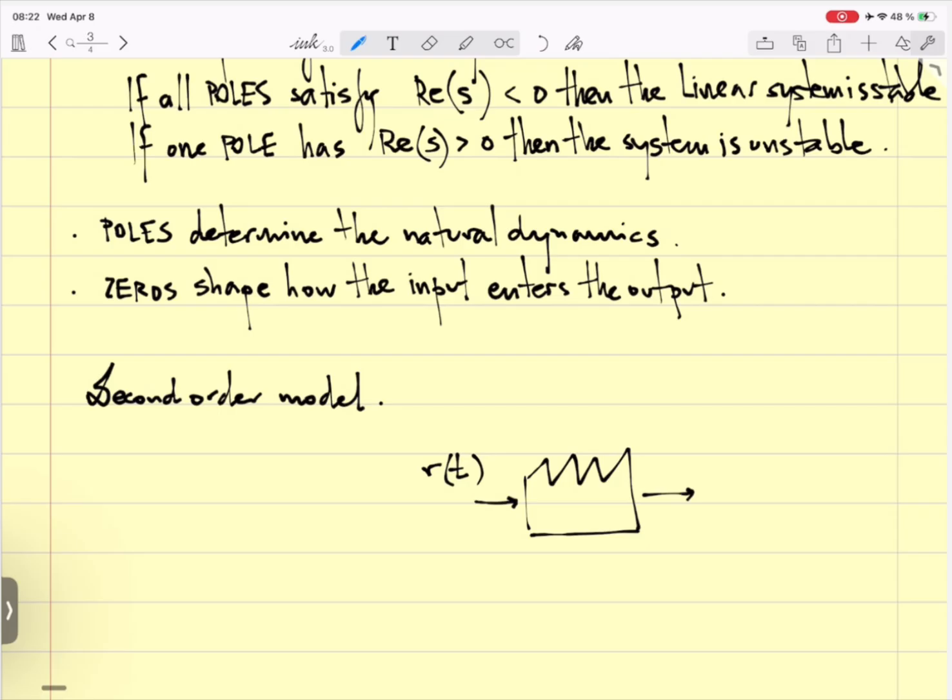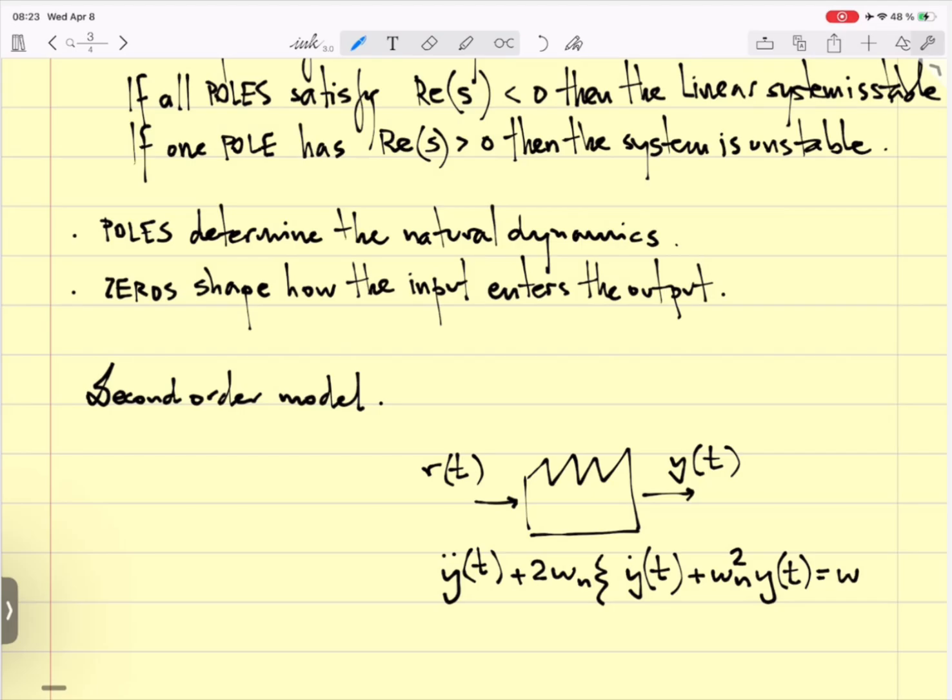It gets an output, and the system behaves in a second order manner, which would be something like the second derivative of the output plus 2 times omega sub n xi times the first derivative of the output plus omega sub n square times the output equals omega sub n square times the input.